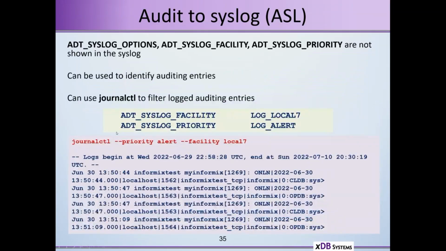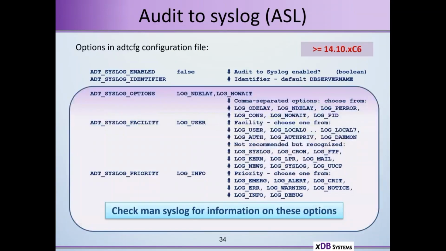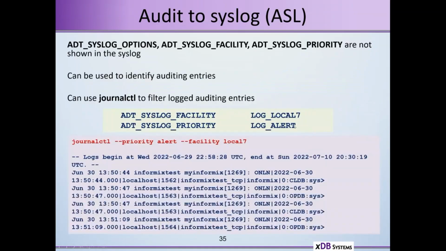So here's an example where I've set the syslog facility to log local 7 and priority to log alert. Both of these, you can't just set them to anything. It's described pretty well in the configuration file of these are your allowed values. So I've just chosen a couple here.